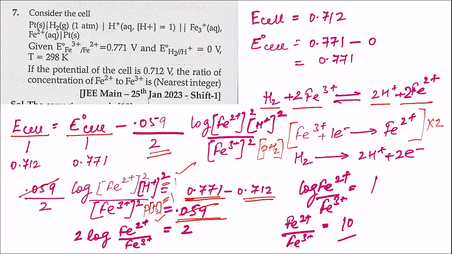Final equation is log A to the power 2 can be written as 2 log A. So 2 log Fe2 plus divided by Fe3 plus is equal to 2. 2 will cancel. Solving, log Fe2 plus by Fe3 plus is 1 and taking antilog, antilog 1 is 10, so Fe2 plus by Fe3 plus is 10. So answer is 10.